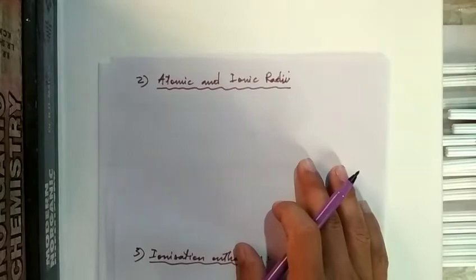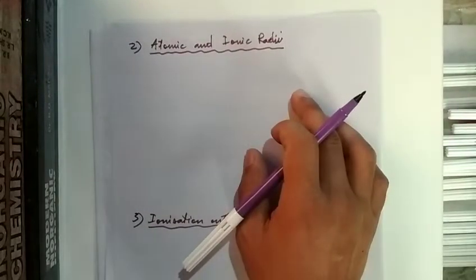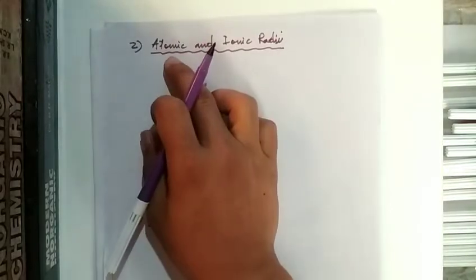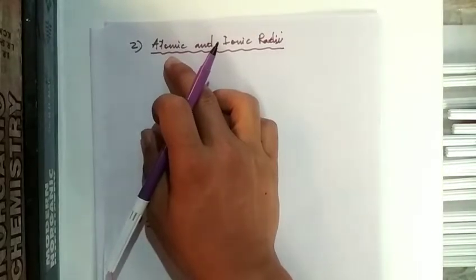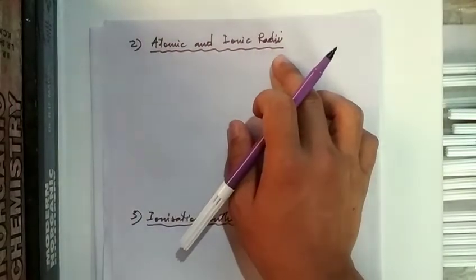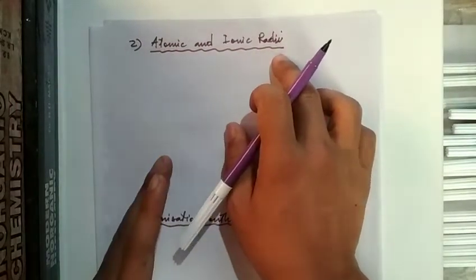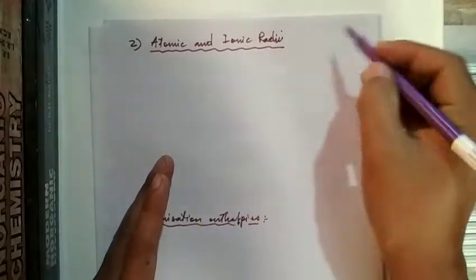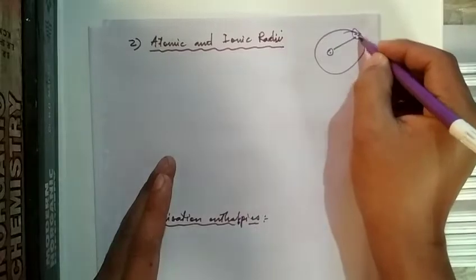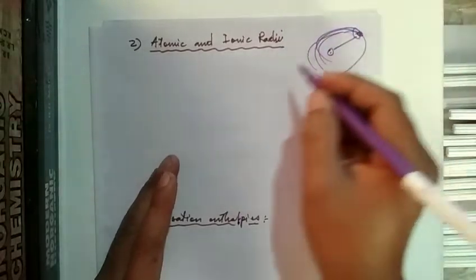The next point is atomic and ionic radii. We have discussed this even for group 1 elements, and for this one it is similar. Atomic radius is the distance from the nucleus to the outer shell.